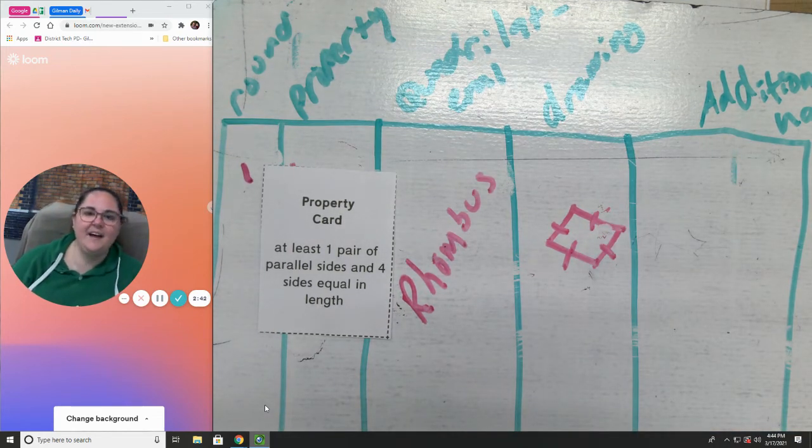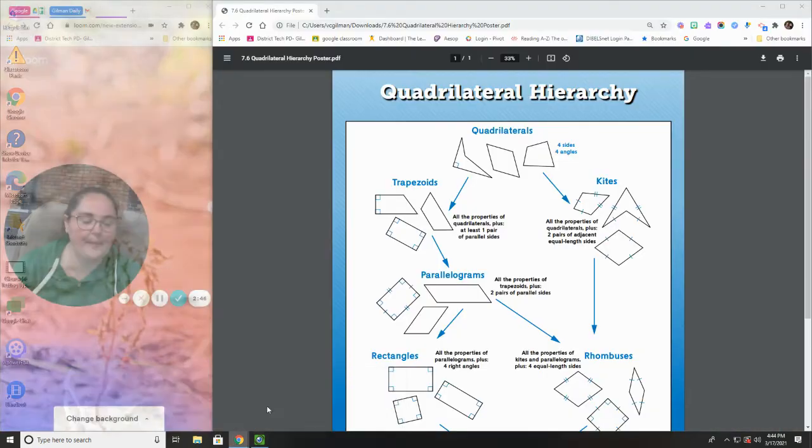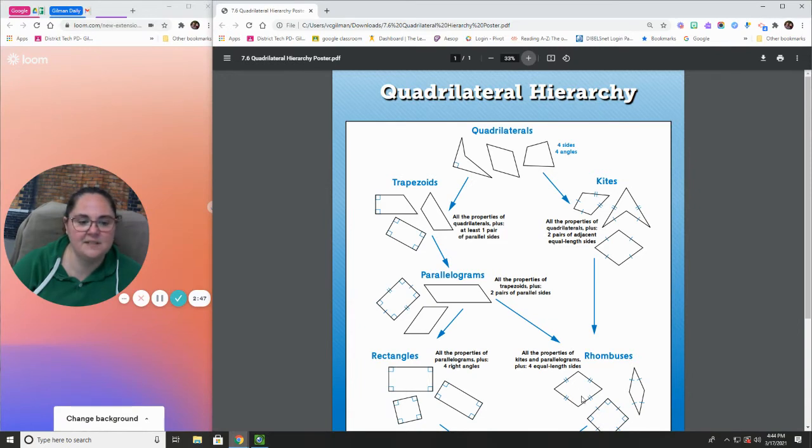Now I need to find any additional names for this shape. I'm going to look at this chart. If it's a rhombus, it also is a parallelogram. It also is a kite. It also is a trapezoid and a quadrilateral. Basically, any arrow that goes to rhombus means that it also can be anything above it.